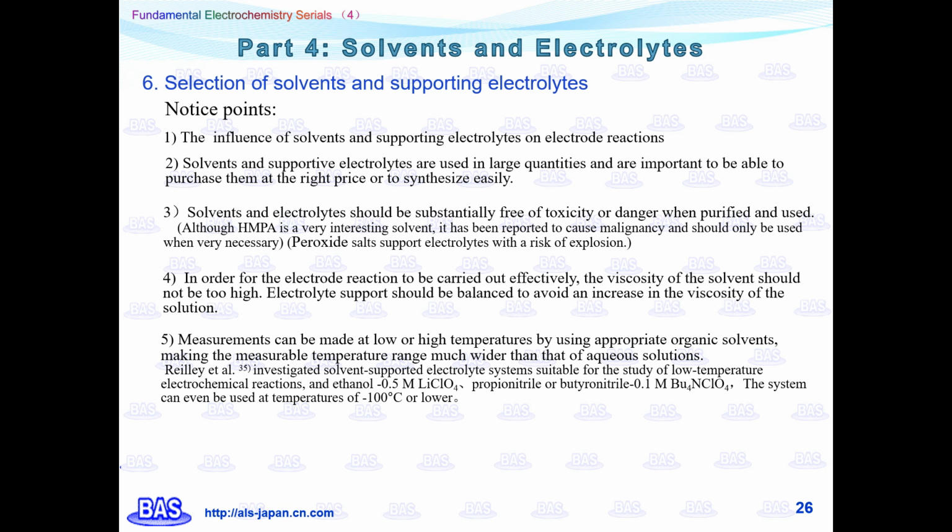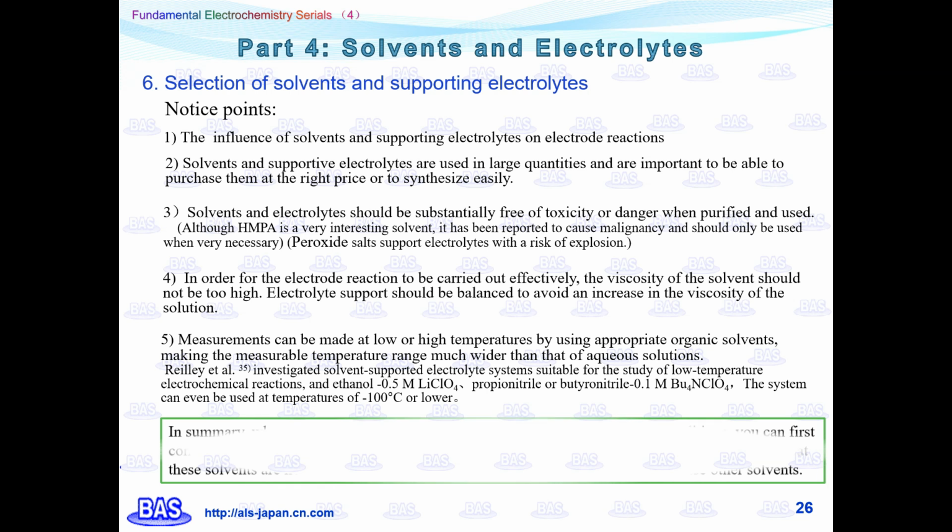For example, measurement at low temperature can allow those chemical species that are unstable at room temperature to exist stably, which is conducive to the analysis of the electrode reaction mechanism. Furthermore, this solvent electrolyte system can be used to develop batteries that can be used at low temperatures.